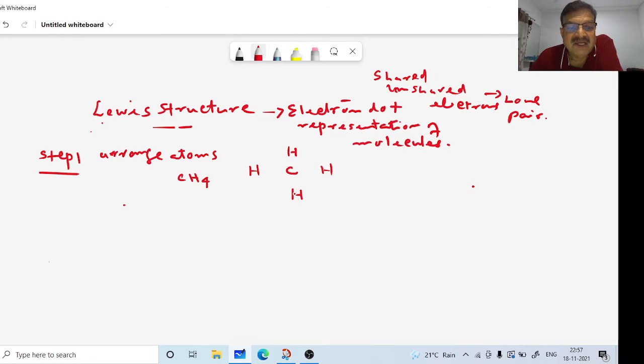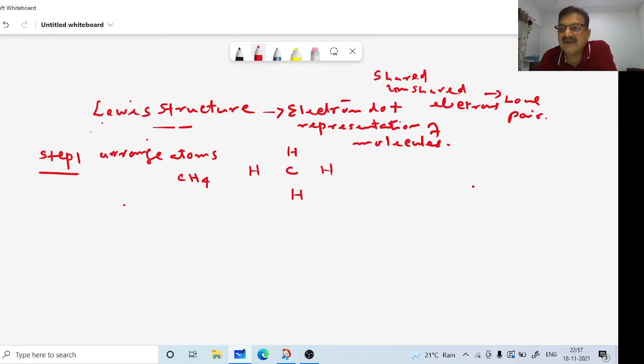So arrange the atoms in this fashion, placing hydrogen and the halogen atoms on the periphery, because hydrogen and the halogens form only 1 bond each. In the case of methane, we arrange the atoms around the carbon: 1 carbon at the center and the 4 hydrogens on the periphery.